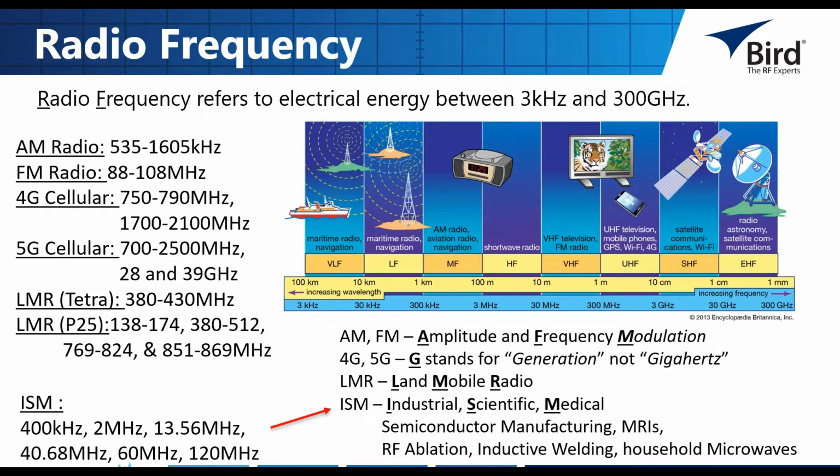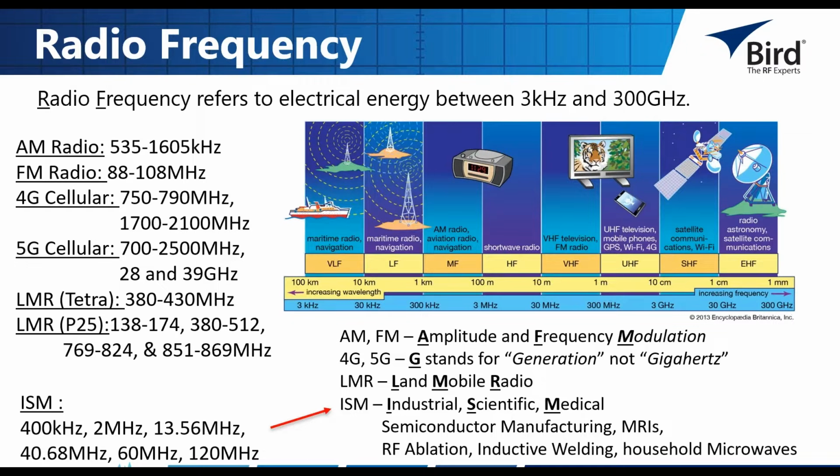Now, when we're thinking RF, we're thinking radio frequency, and this is referring to electrical energy all the way from 3 kilohertz up to 300 gigahertz. Some common frequencies we're going to be familiar with are those used in our AM radios and FM radios, so around the kilohertz region up into around 100 megahertz.